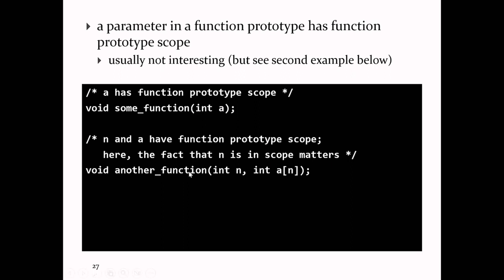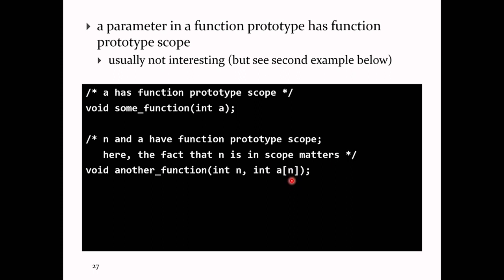Okay. Now why does this matter? Because you can declare a function like this. It returns nothing. Its name is another function. Its first parameter is an int n. Its second parameter is an array of int, where there are supposed to be n elements in the array.